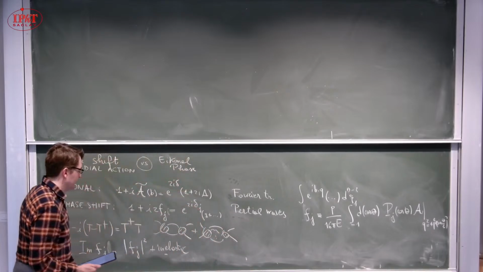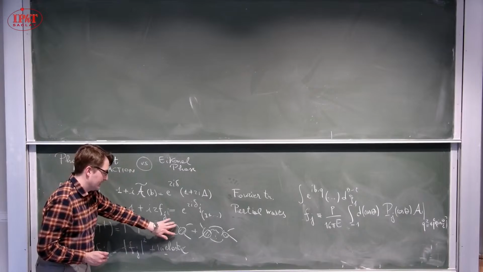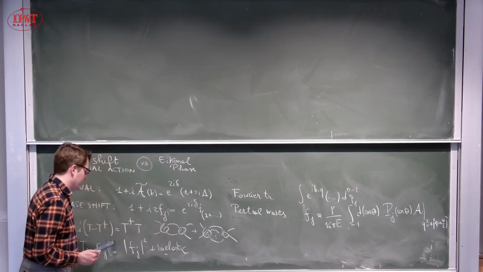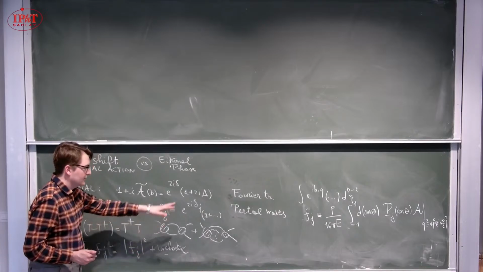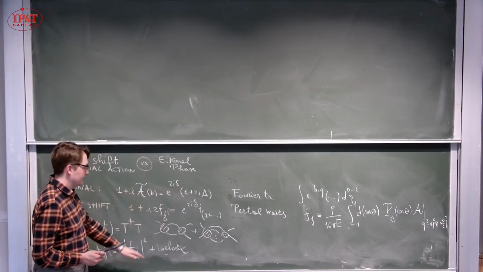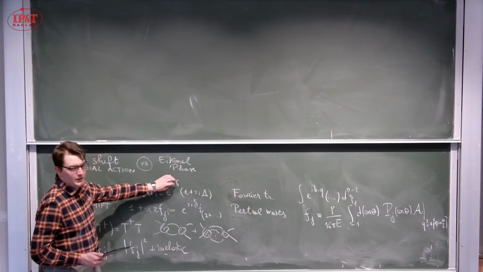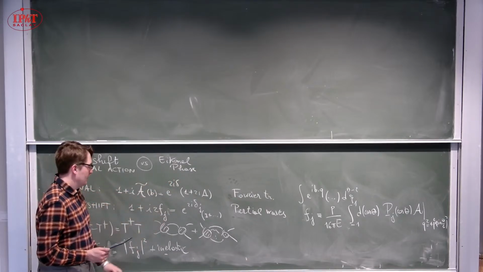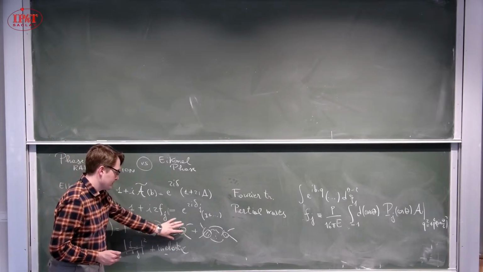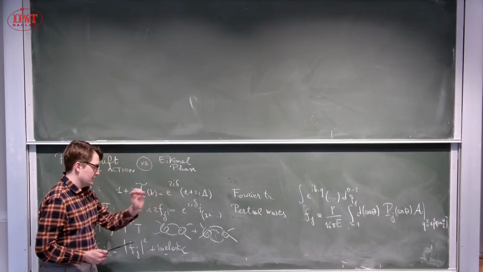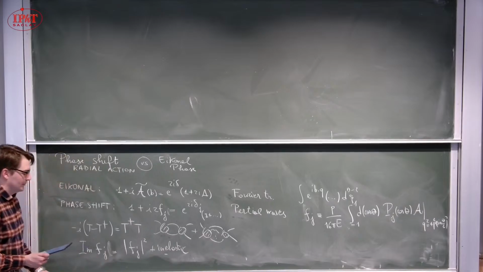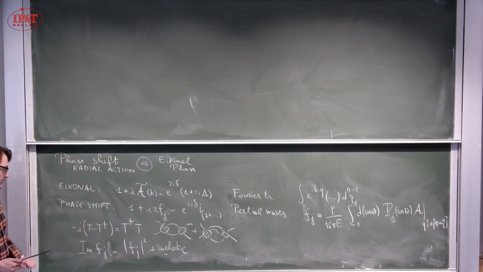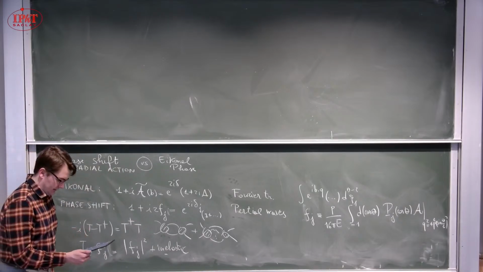What partial waves do for you in a nice way is that they exactly diagonalize this integral over the two-body phase space. Instead, you remember last time we discussed in some detail that the Fourier transform doesn't exactly do that. It does that to leading order for large b, which is equivalent to large j. But the Fourier transform of this is not just the product of the Fourier transforms of the two blobs. It also receives corrections that are subleading in 1 over b. Here, the benefit of going to partial waves is that this diagonalization is exact.